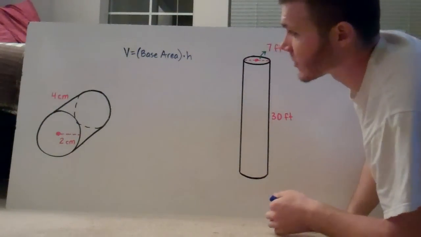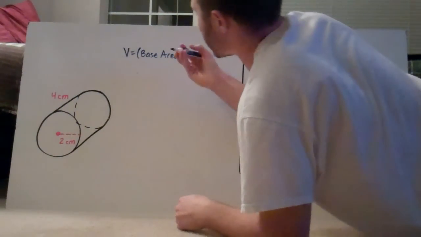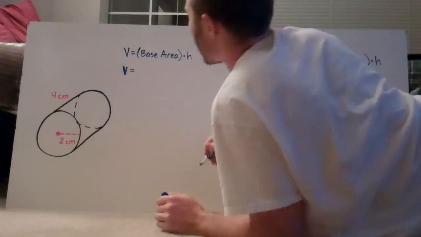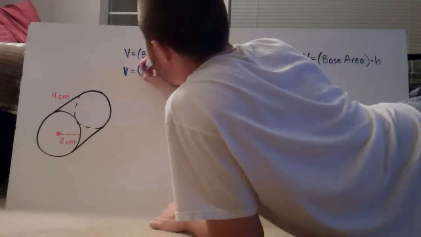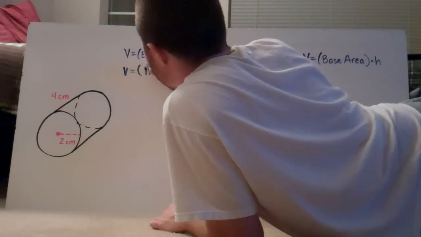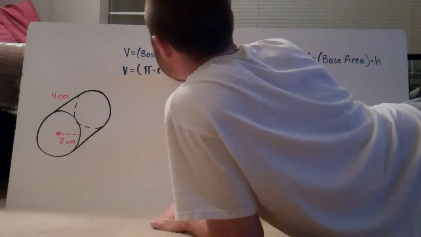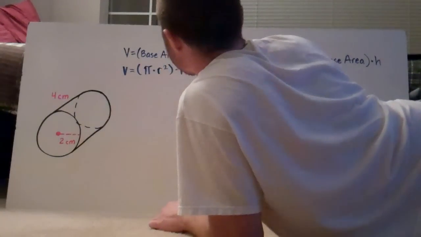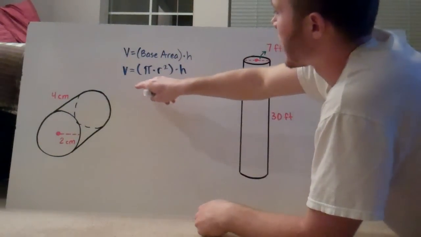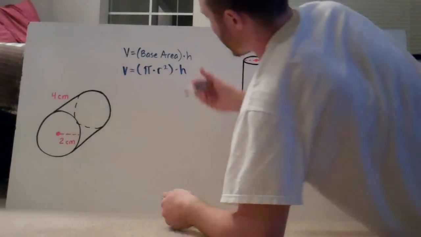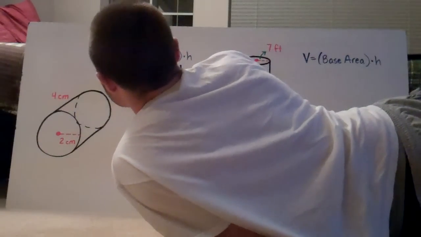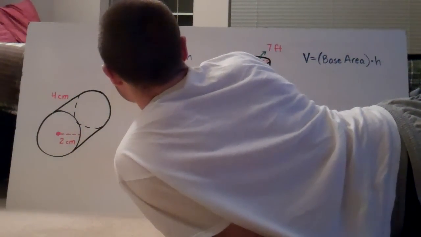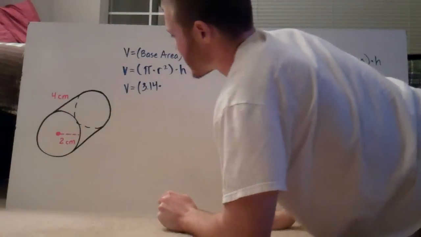Alright, so let's see if you got this correct. Volume, V equals, well, base area, that's found by doing pi times radius squared times the height. Pi is 3.14, like always. So V equals 3.14 times the radius squared.